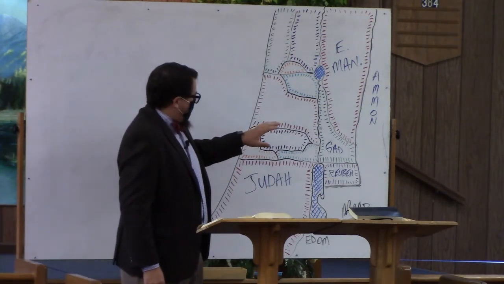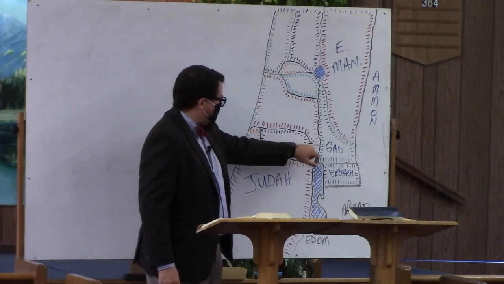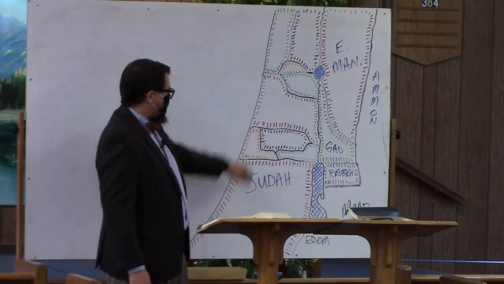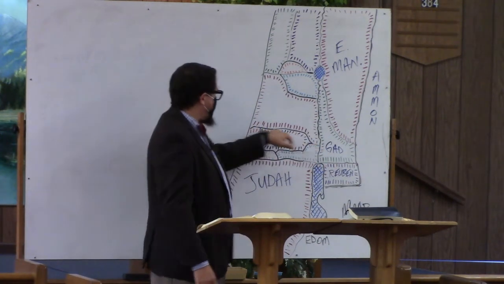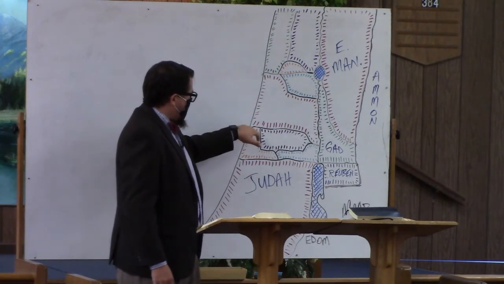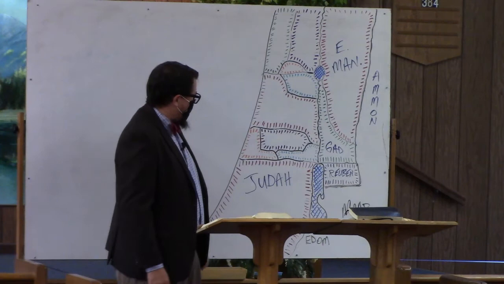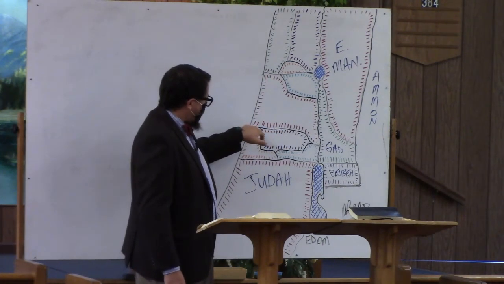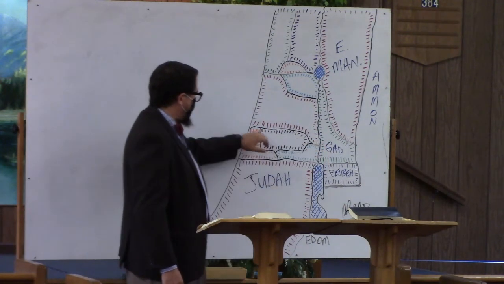We have a land inheritance that is given, but what we just read was a description of the land's southern border that reaches from the Jordan River on the one side to the sea on the other side. And remember, this map is not exactly accurate. This is hand-drawn. I think some of these borderlines could be messed with a little bit.